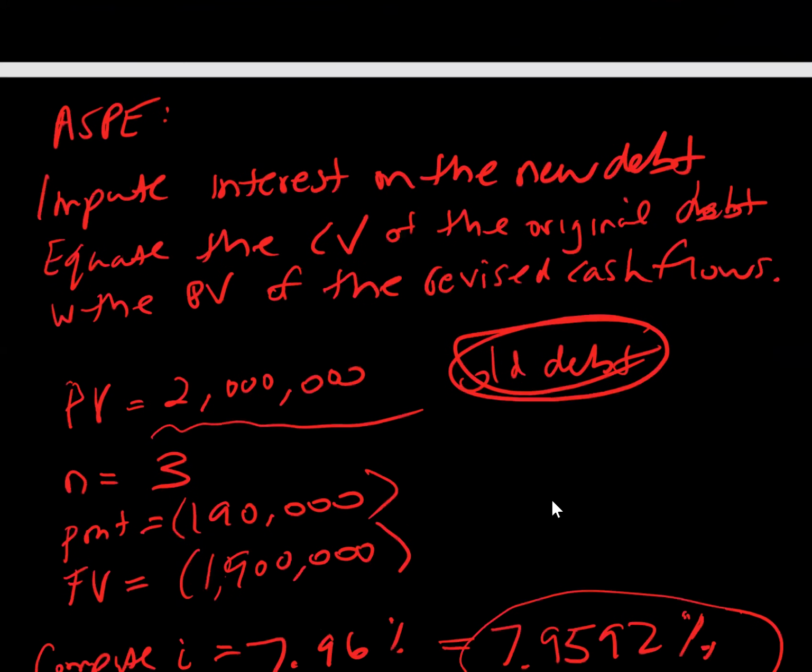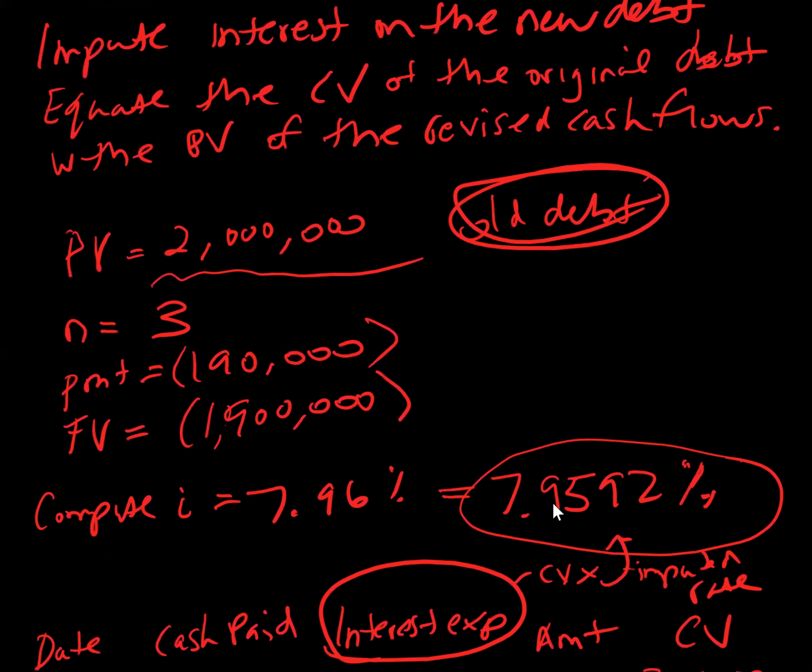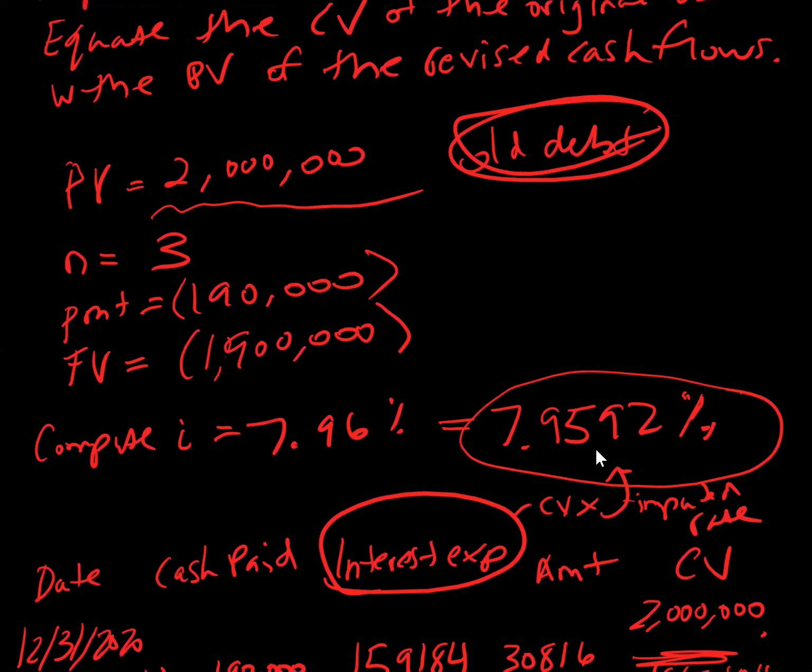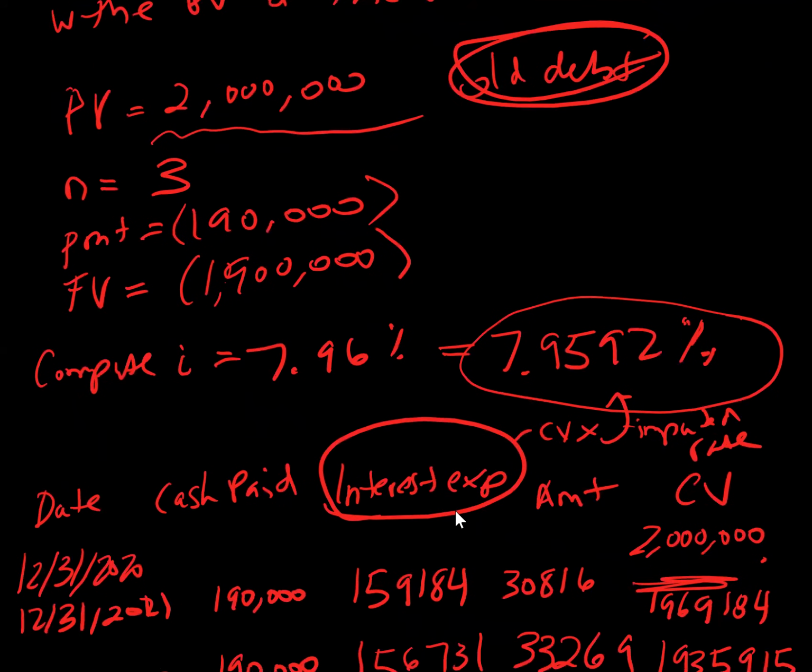ASPE says, listen, this is still the same debt. There's no gain that should be going through the income statement. So rather than recognize a gain, we're instead going to impute a new interest rate by using the present value of the old debt and then using the cash flow information from the new debt to impute an interest rate. And that interest rate is what was used for interest expense.